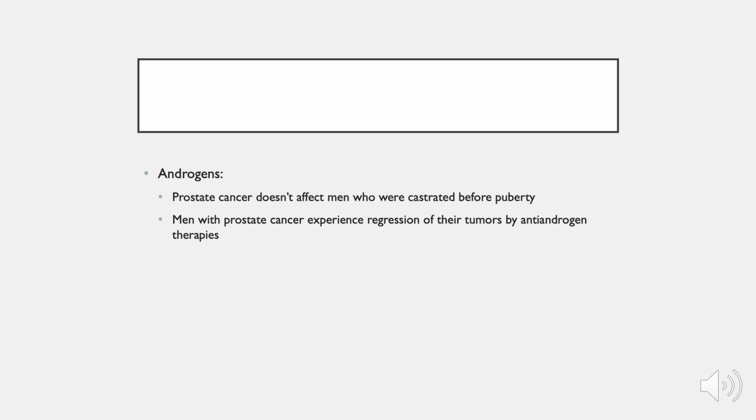Evidence for this includes that prostate cancer does not affect men who were castrated before puberty, meaning these men were never exposed to androgen. Also, men with prostate cancer experience regression of their tumors with anti-androgen therapies. So androgens are very important in the development and sustaining of prostate cancer, and anti-androgen therapy is important for treatment.